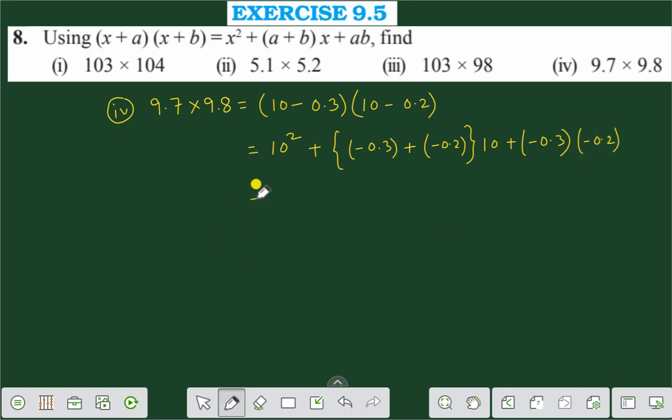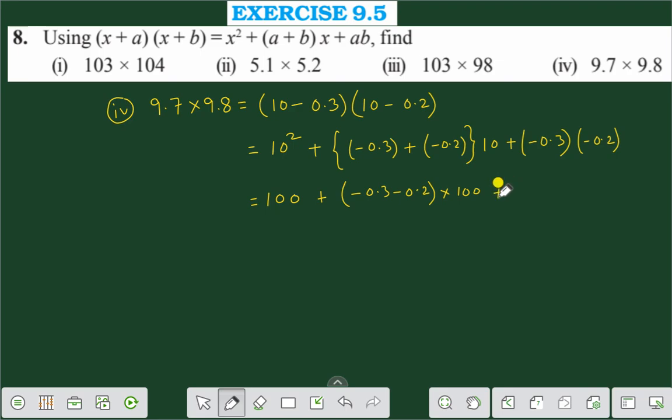Therefore we are getting 10 square, that is 100, plus, in the first bracket, minus 0.3 minus 0.2, which is minus 0.5, into 10.